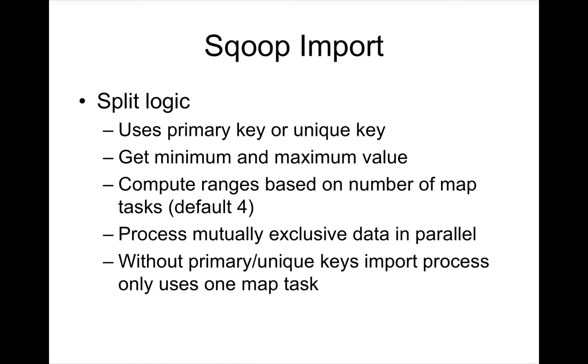And then first it will get the minimum and maximum values for those 1000 records. So if the minimum value is 1 and the maximum value is 1000, it will first get those values. Once they are retrieved, it will subtract the minimum value from the maximum value. So 1000 minus 1 is 999.